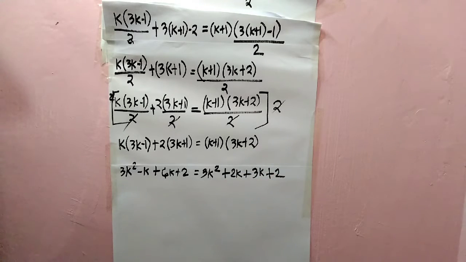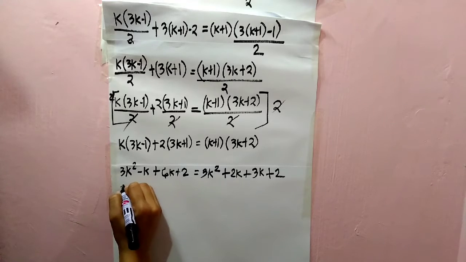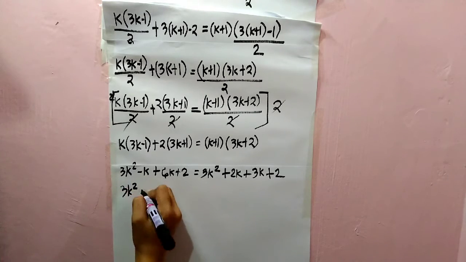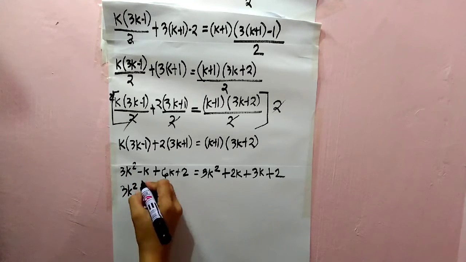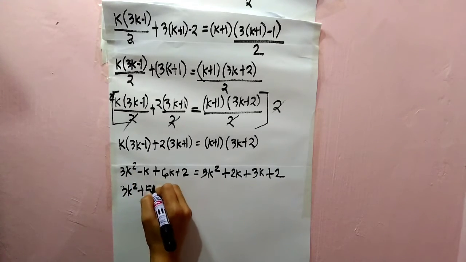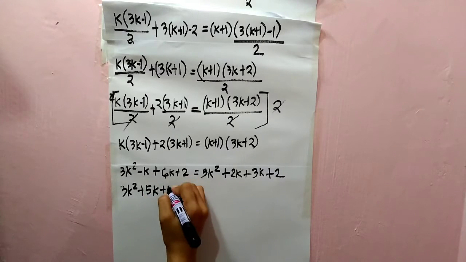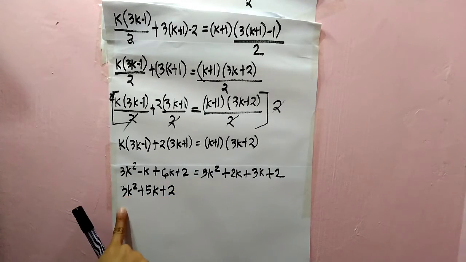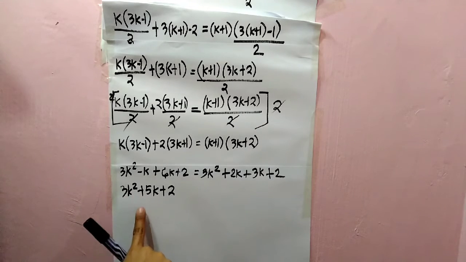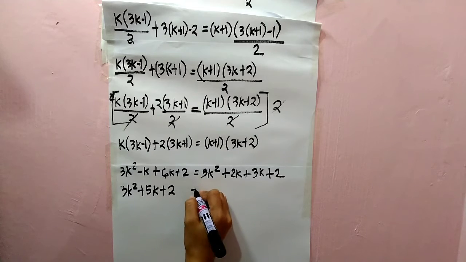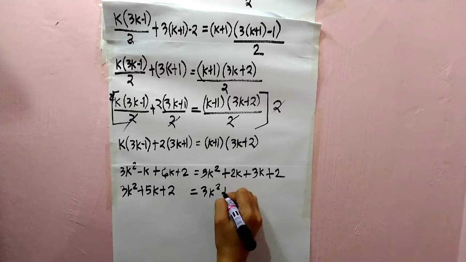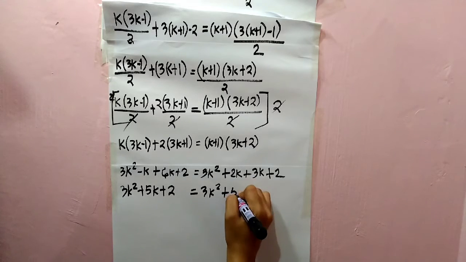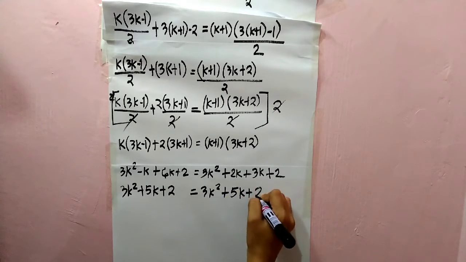So, combine like terms. So, 3k squared, 6k plus negative k, we have positive 5k, copy 2. So, we have the left hand side is equal to 3k squared plus 5k plus 2, is equal to 3k squared plus 2k plus 3k, we have 5k plus 2.